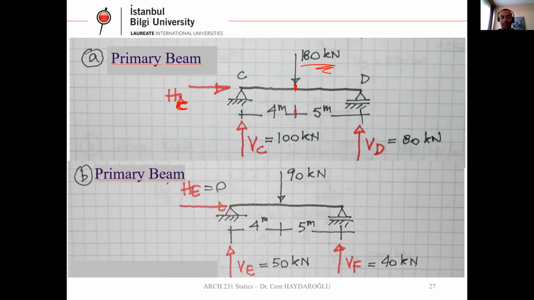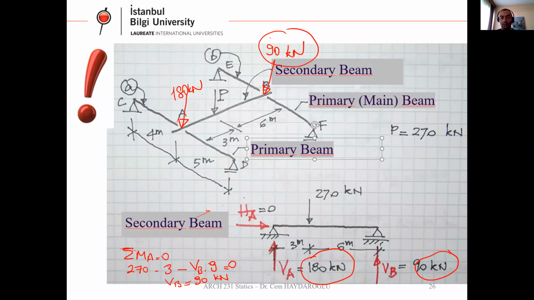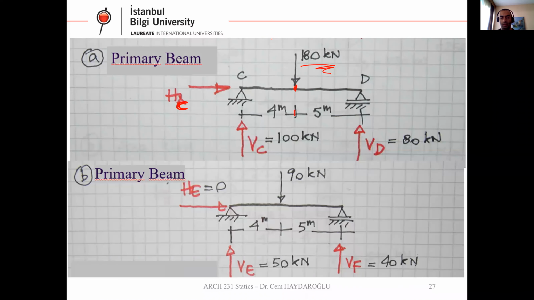Let's have a look at the second primary beam. Remember, it was 90 kilonewton. As you can see here, we have HE, VE, and VF. We have HE equals 0. As you can see, there is no horizontal loading on the beam. That's okay. You can write total ME equals 0 and total MF equals 0.